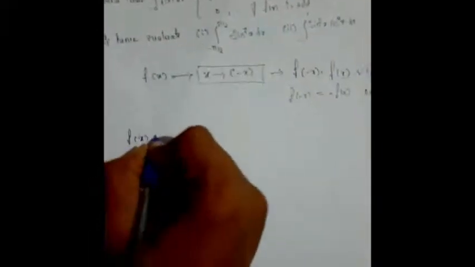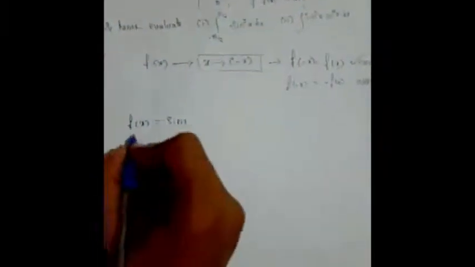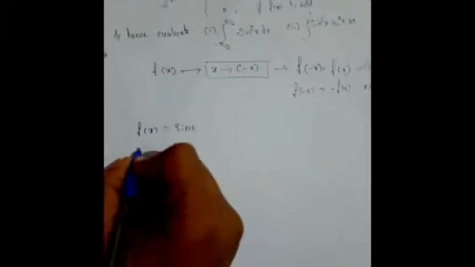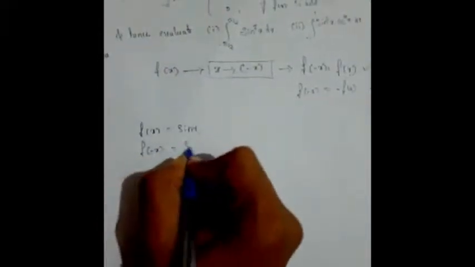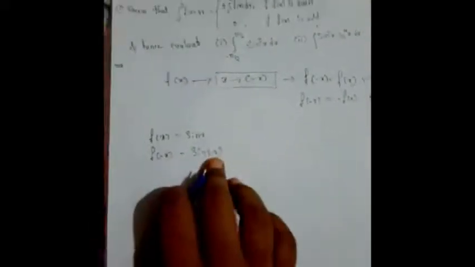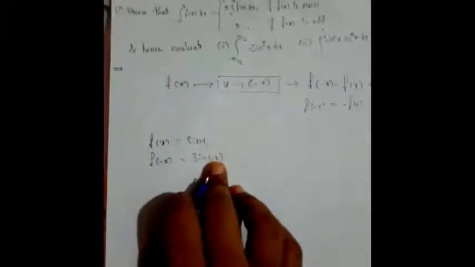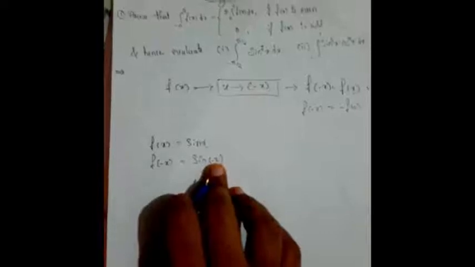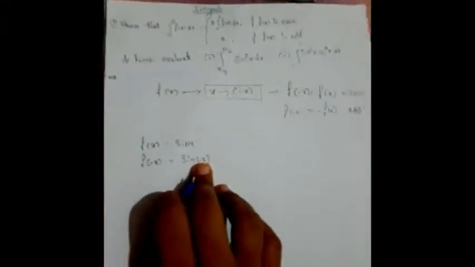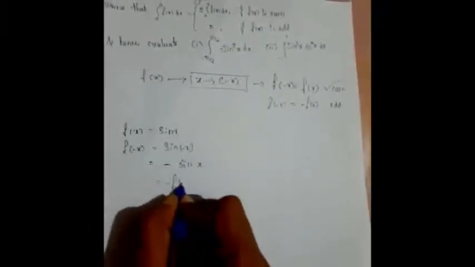For example, if I take f of x is equal to sin x, then if I substitute minus x in place of x, the function is f of minus x is equal to sin of minus x. Using your trigonometric function, sin minus theta is minus sin theta. It means this would be minus sin x, that is minus f of x.